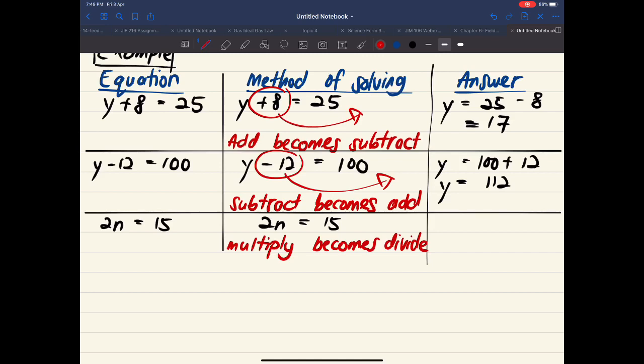That 2 you bring to the other side. So now it would be 2n equals to 15. When you bring that 2 to the other side, n will be equals to 15 over 2. So n is 7.5. So these are the examples.